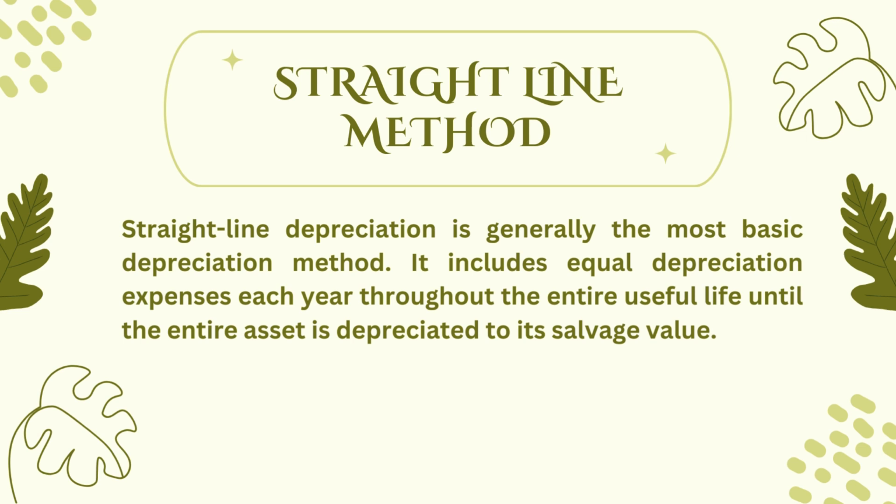For example, if the company is using the straight line method, the depreciation value of an asset will be the same until the end of the useful life. If the depreciation amount is 2,000, each year the amount will be the same, which is 2,000, until the end of the useful life. That is the meaning of equal depreciation expenses each year throughout the entire useful life until the entire asset is depreciated to its salvage value.